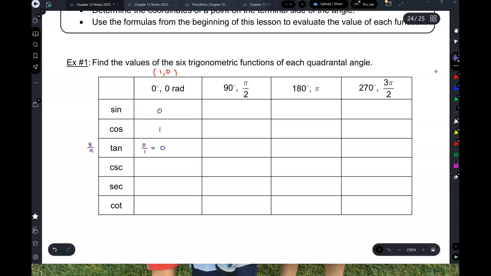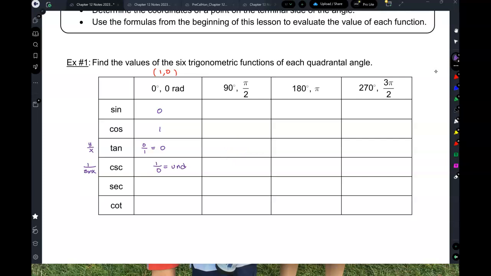Okay. Cosecant is 1 over the sine. So 1 over 0. Every time the 0 is in the denominator, it'll be what? Not 0. Undefined. Okay, now listen. You have to write undefined. You can't use the no solution sign. You have to write undefined.